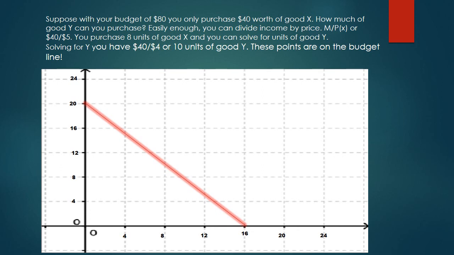We find out that we have purchased 8 units of good X, and now we can use that information to solve for good Y. We have $40 left over from our total income, so $40 divided by the price of Y, P of Y, $4, and we get 10 units of good Y. And when we put these together, we find that the 2 points actually land on the budget line.